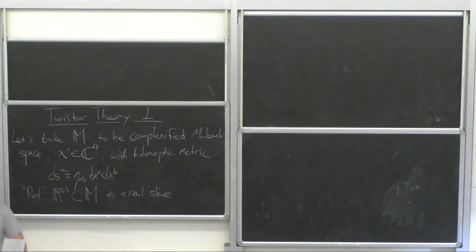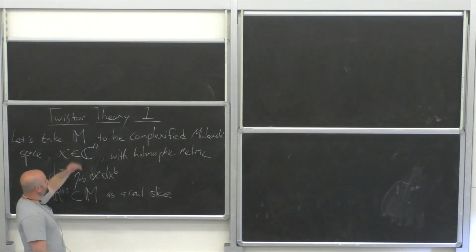So Lorentzian real Minkowski space R^{1,3} sits inside complexified Minkowski space as the obvious real slice, right? I just let my x0, x1, x2, x3 take on real values, and then this complexified metric descends to the real Minkowski metric. Now, you may say, okay, Tim, why do this?